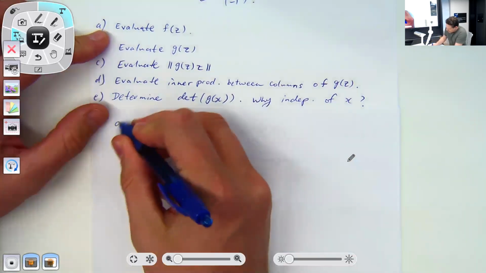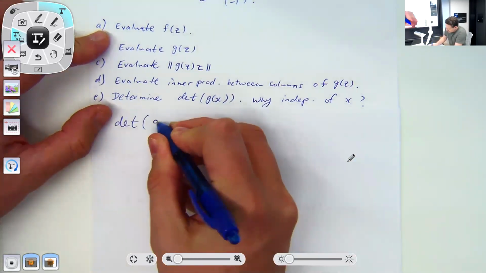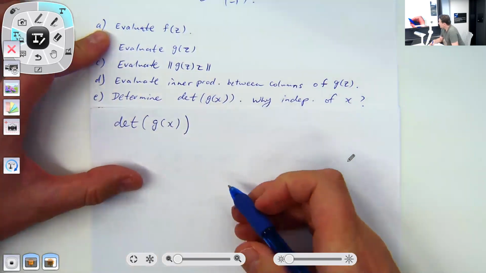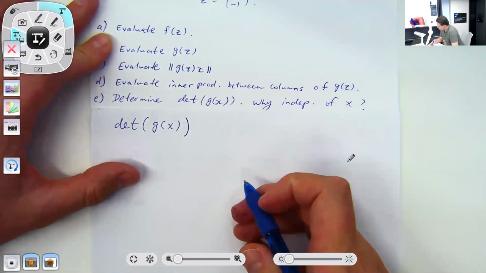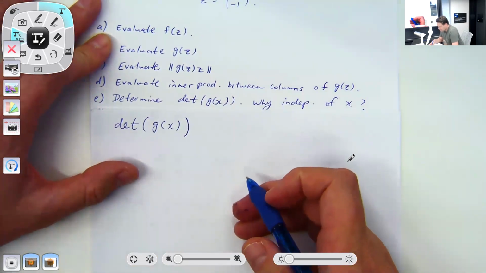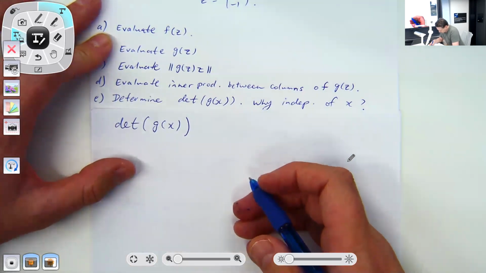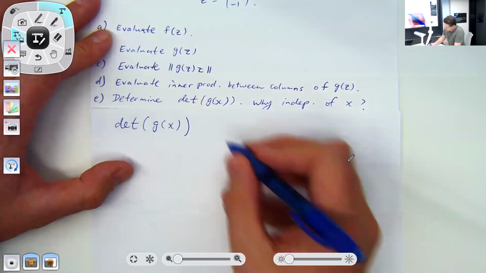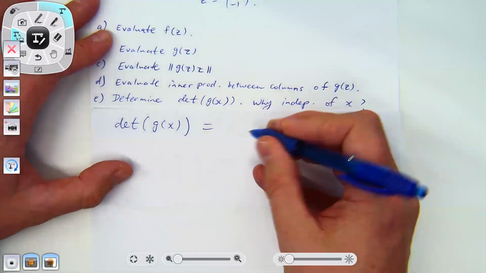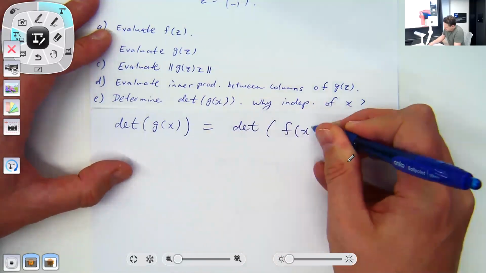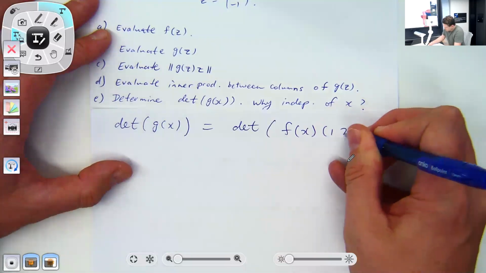All right, so det of G of X. Now G of X, remember, is f of x times 1, 2. So det of f of x by 1, 2.